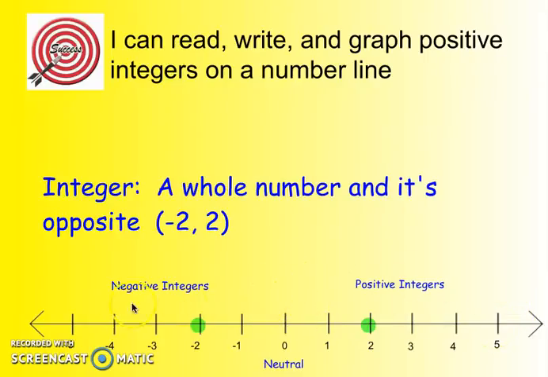And as you move to the left, notice the negatives look like they're getting larger, but they are not. They're actually getting smaller and smaller and smaller the further negative that they get. Think about it. When I think of negative amounts, I think of money right away.